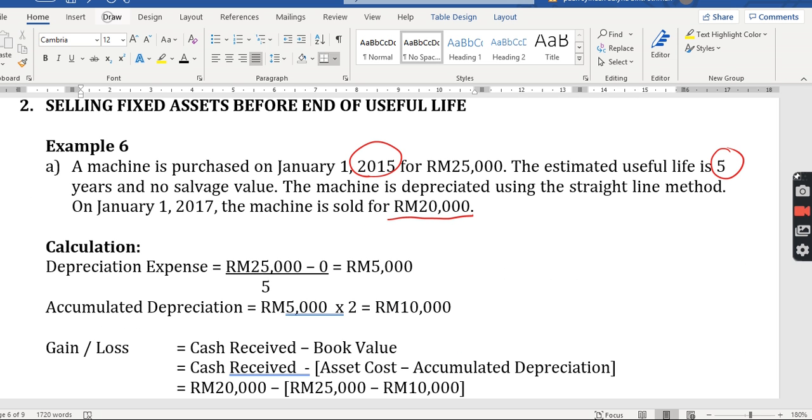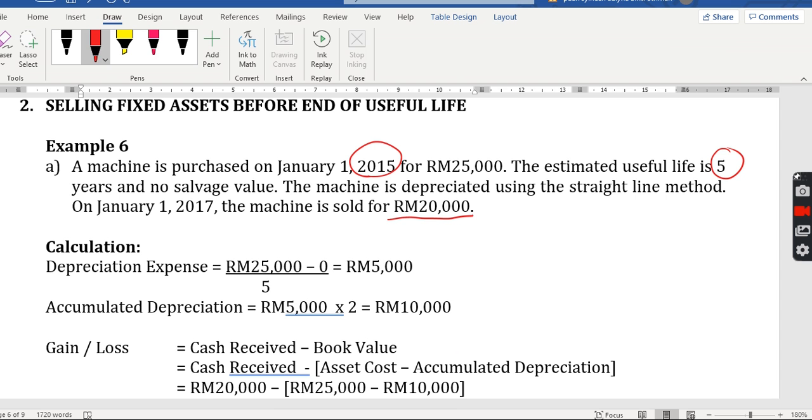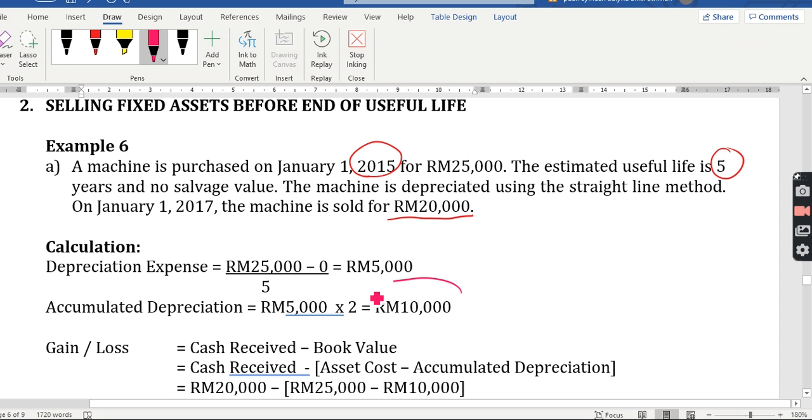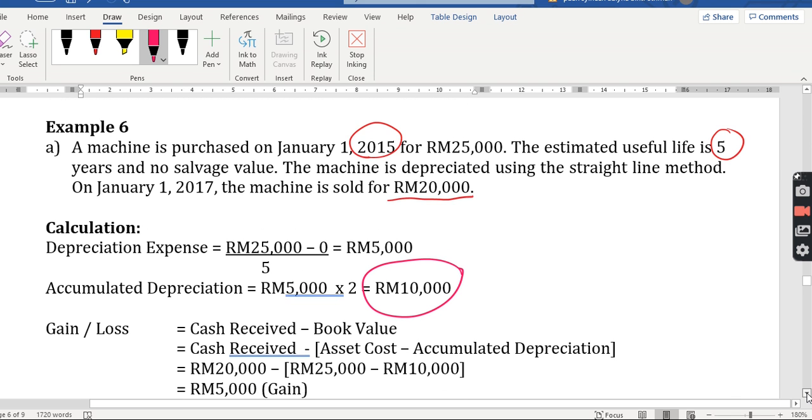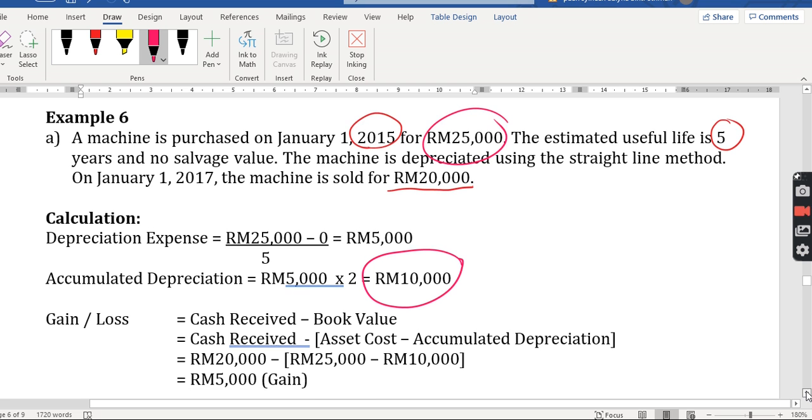The accumulated depreciation, as you calculated earlier, is 10,000, the latest amount. So if I close the account, the amount I need to close is 10,000 ringgit. And the asset is 25,000, so closing the machine account is 25,000.